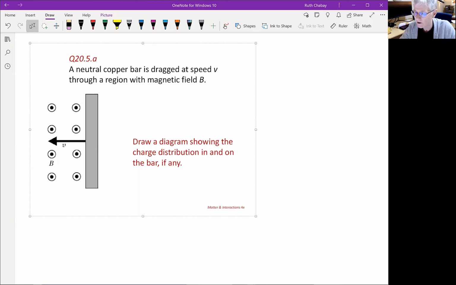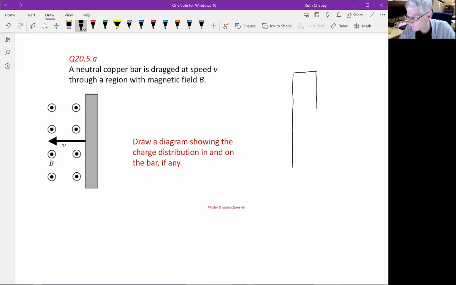So let's think about what might be going on inside this bar. So let's draw over here a picture of the bar, and let's think about the particles inside the bar. Now, there's obviously two things inside the bar. This is a metal, right?